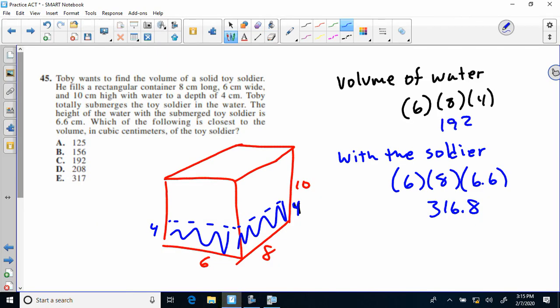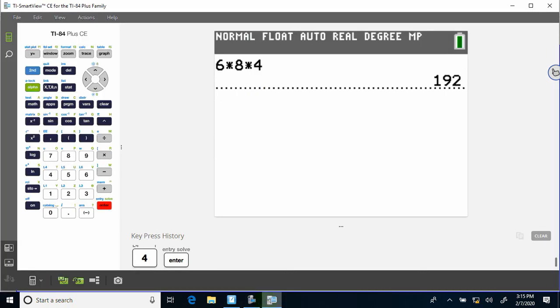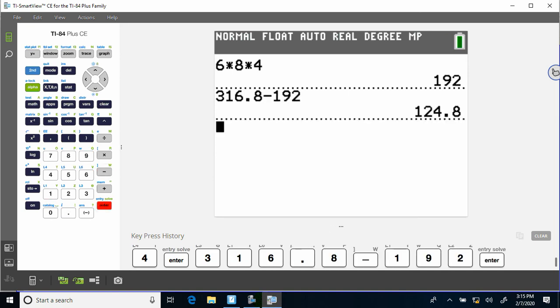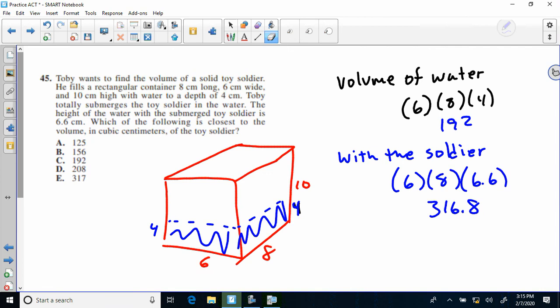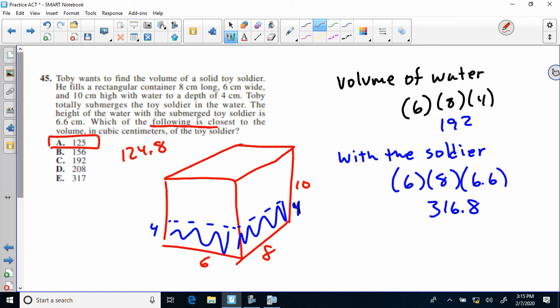So the soldier is going to be 316.8 minus 192, and that should give me 124.8. The closest number to that is 125, because it says which of the following is closest. It doesn't say an exact. So our closest is A, 125.